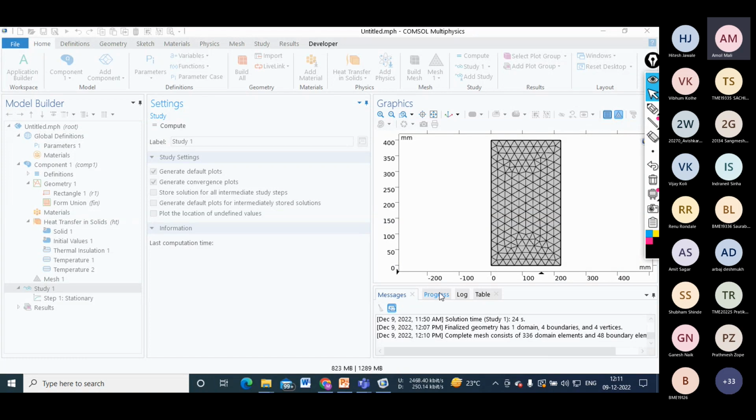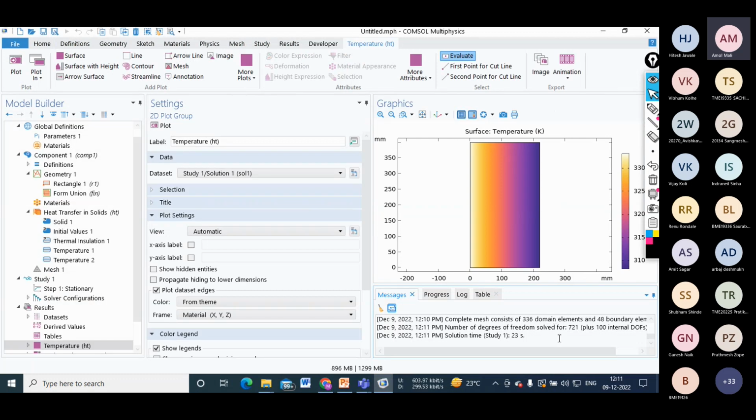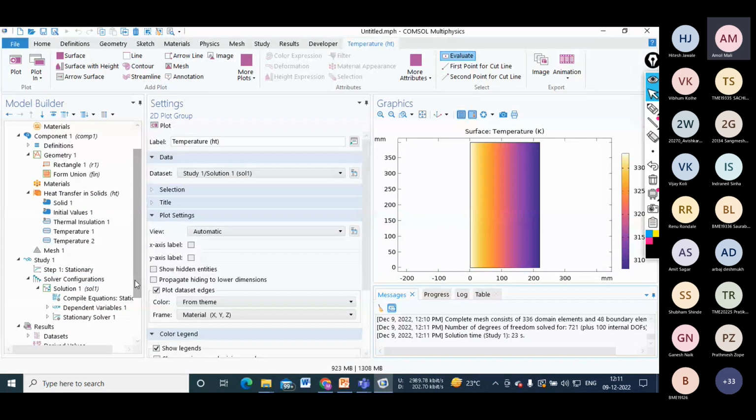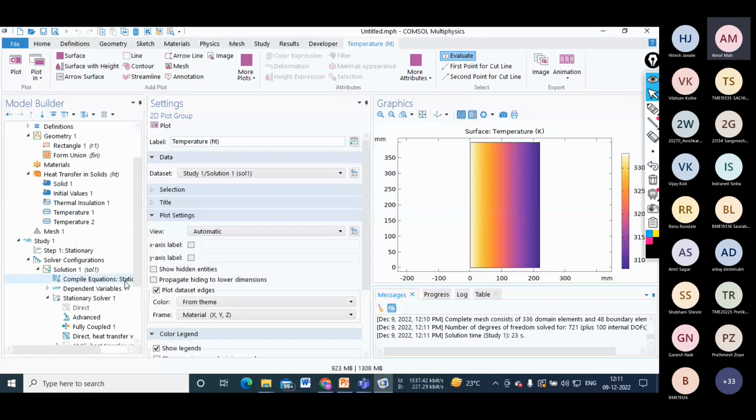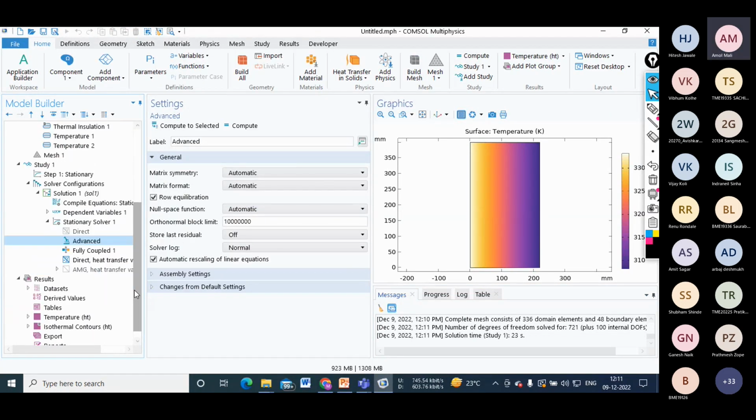So यहाँ पर जब भी प्रॉब्लम सॉल्व हो रहा होगा तो यहाँ पर देखो प्रोग्रेस में क्या चल रहा है, लॉग में क्या चल रहा है। So जो भी आप प्रॉब्लम सॉल्व कर रहे हो, for example whatever problems you have solved in numerical methods, all these numerical methods are used here. जो भी आपका रूंगे कुट्टा रहेगा वो भी यहाँ पर यूज़ किया जाता है। यदि आप इसका सॉल्वर का कॉन्फ़िगरेशन देखेंगे तो इसमें आपको सब पता चलेगा, डिपेंडेंट वेरिएबल्स क्या रहते हैं, स्टेशनरी, एडवांस, इसमें कौन कौन से मेथड्स रहते हैं। ओके, टाइम डिपेंडेंट में आप कौन कौन से आपके रूंगे कुट्टा यूज़ करते हो, trapezoidal methods also you are using here.